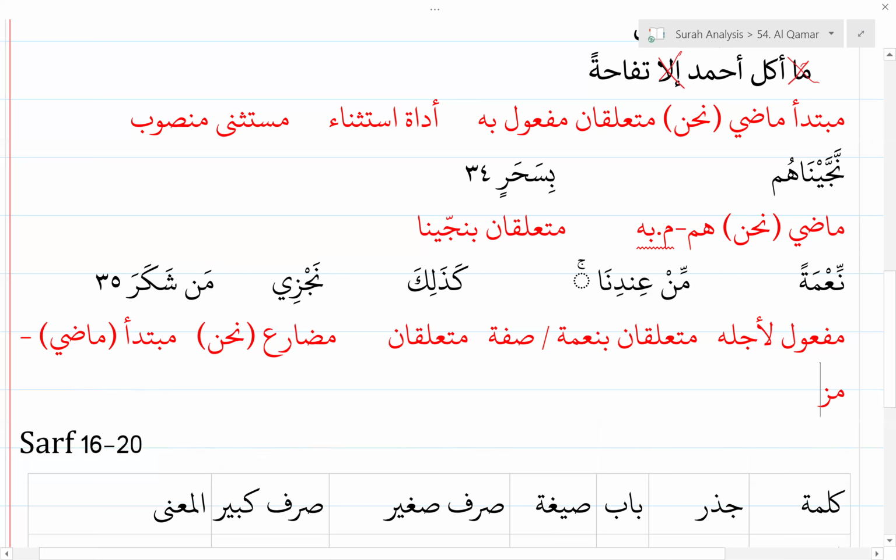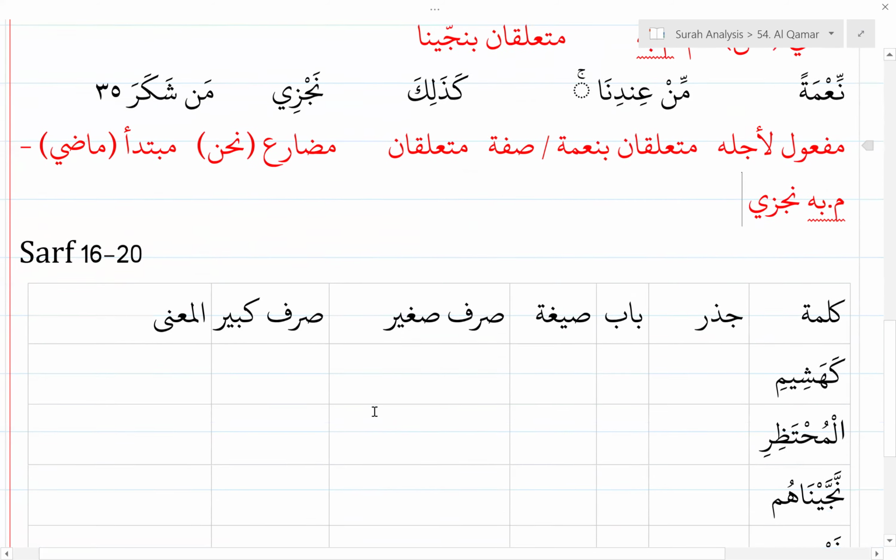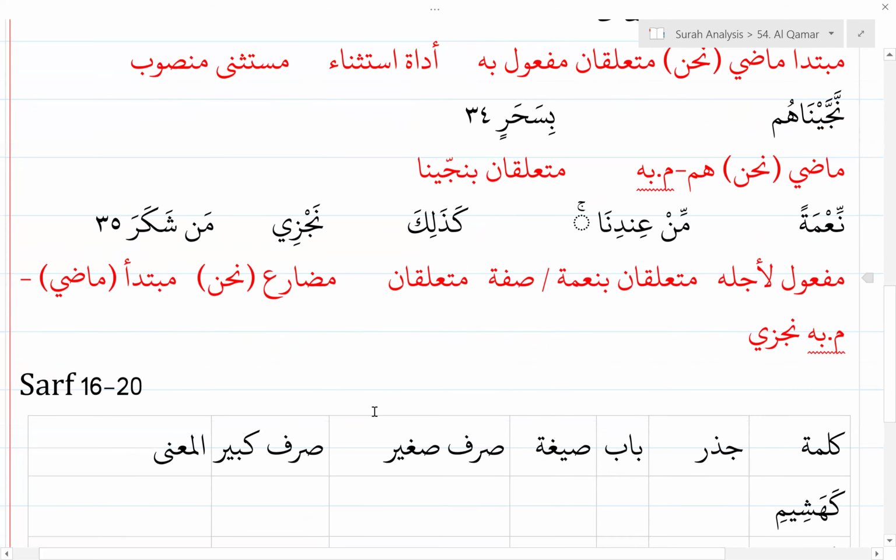Right? مفعول به of najzi. So that we are clear what is happening. So we reward who? Man shakar. So this answers the question who to najzi. Okay. Not a lot of Sarf words to do. I think we can finish this part.